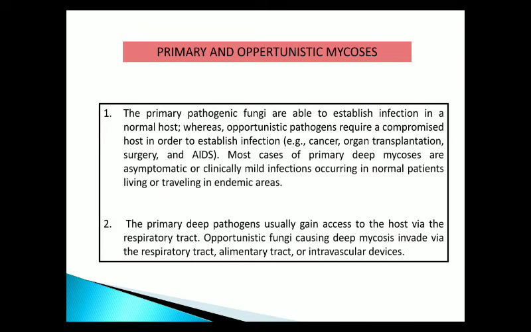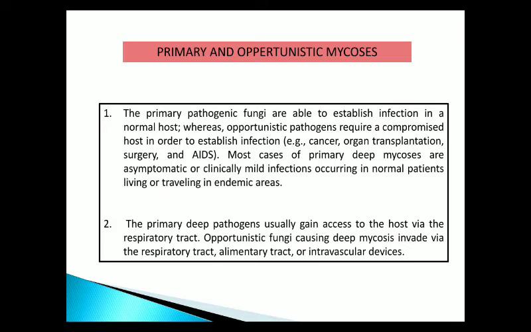First, we will discuss primary and opportunistic mycosis. The primary pathogenic fungi are able to establish infection in a normal host, whereas opportunistic pathogens require a compromised host in order to establish infection. Examples: cancer, organ transplantation surgery and AIDS.